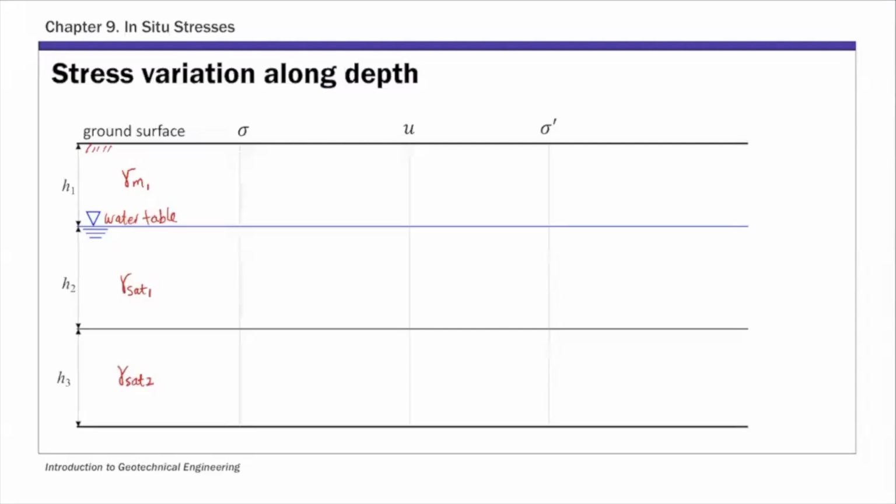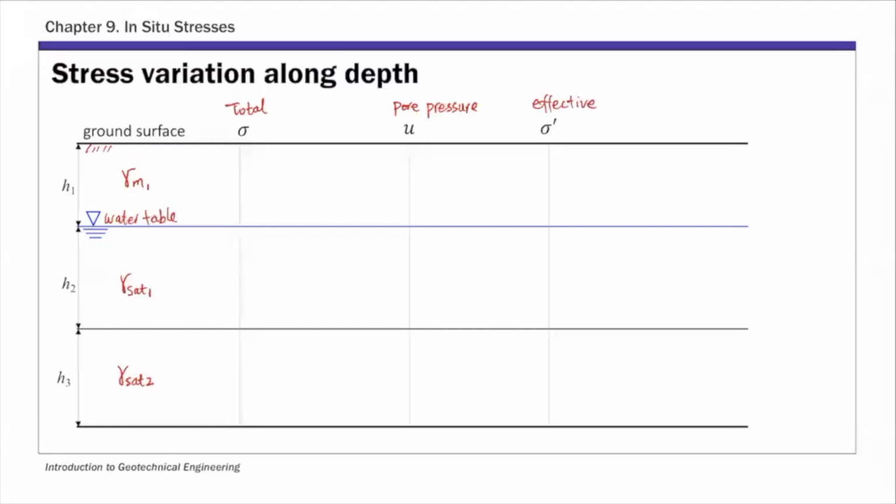Using this generic profile, I'm going to calculate total stress, pore pressure, and effective stress along depth. That's total, this is pore pressure, and the last one is effective stress.